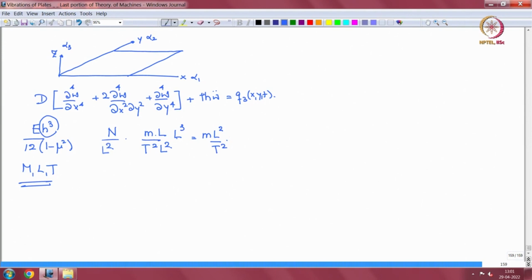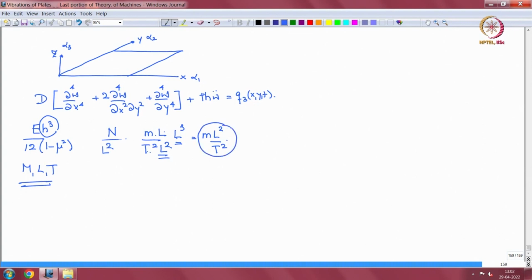Right, Newton is mass into acceleration, m into L by T square, and length squared, and h cube length cube. So, yes, m L square by T square.